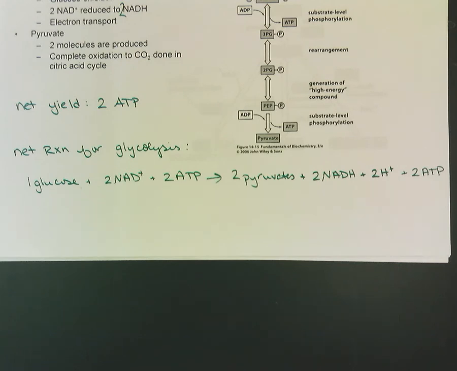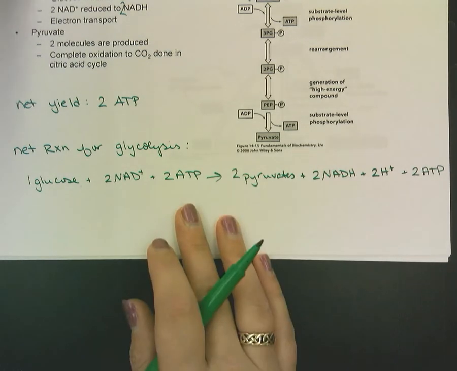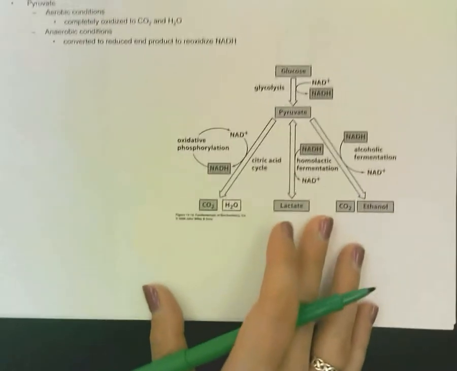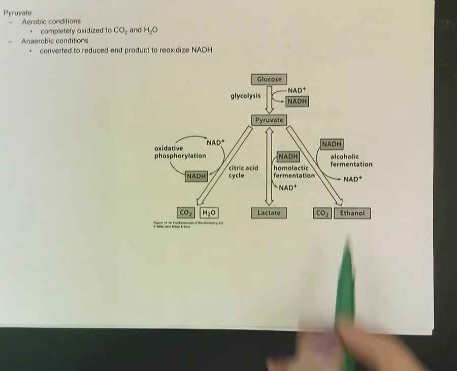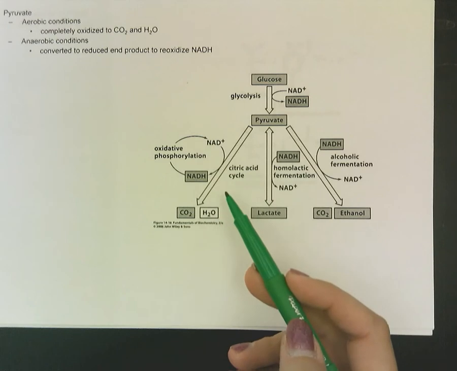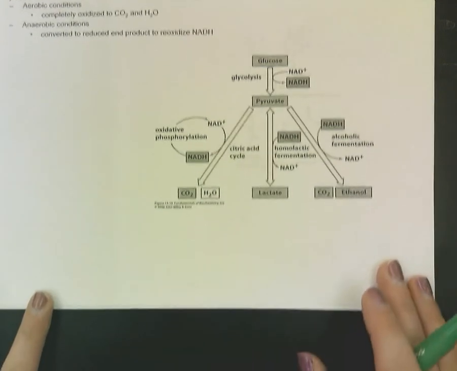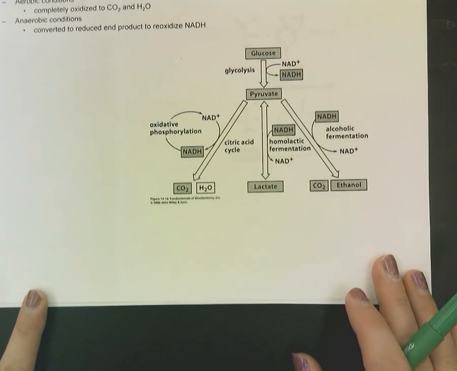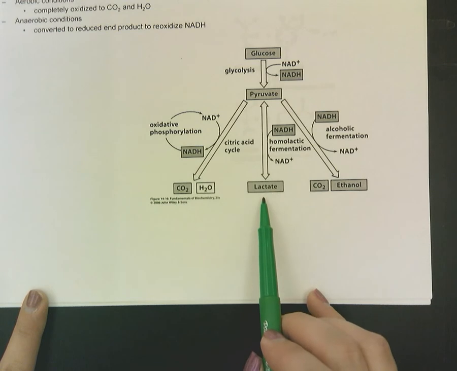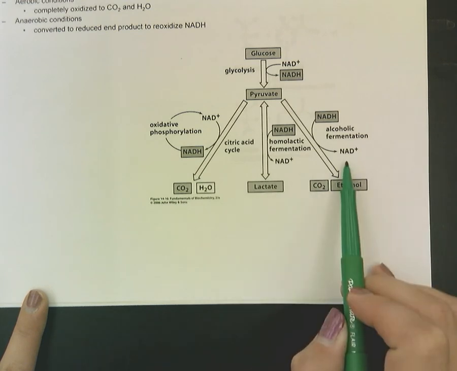Okay. Then let's take a look at what are some possible next steps. So either our pyruvate can head down to the citric acid cycle, which is next chapter, which is the majority of the pyruvates can head down to the citric acid cycle. Or we can do homolactic fermentation, or we can do alcoholic fermentation.